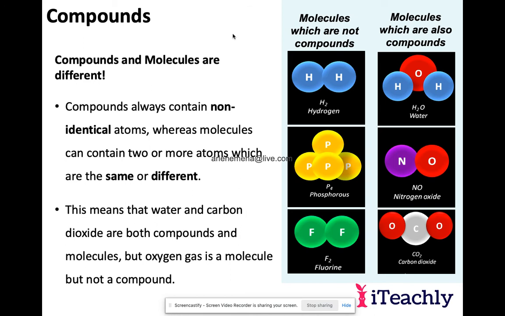Now look at the difference on the other side. Here's molecules of water and nitrogen oxide and carbon dioxide. These are molecules, but they're also compounds because what happened? I have two different elements. So the difference between a compound and a molecule is compounds have to have two different elements. Now, we use the word molecule in a scenario where, yes, it is a compound, and yes, it is two different.